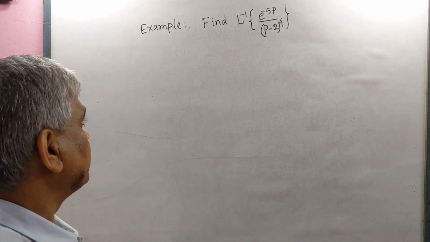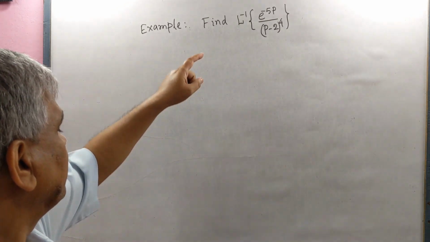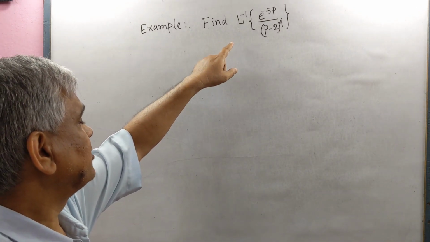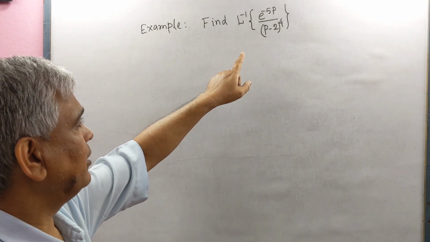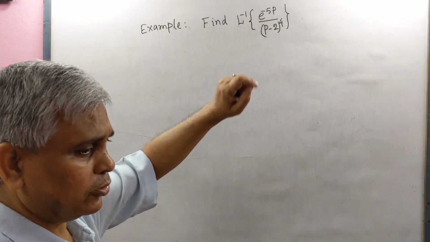for the second shifting theorem. Here, to find L inverse of e to the power minus 5p by (p-2) whole to the power 4.